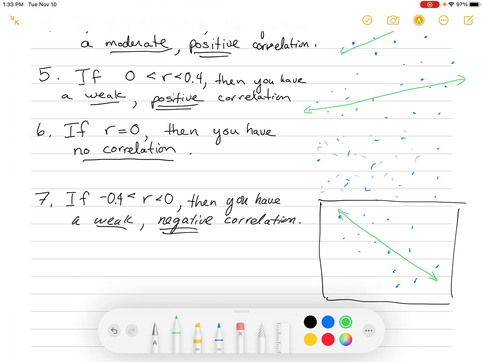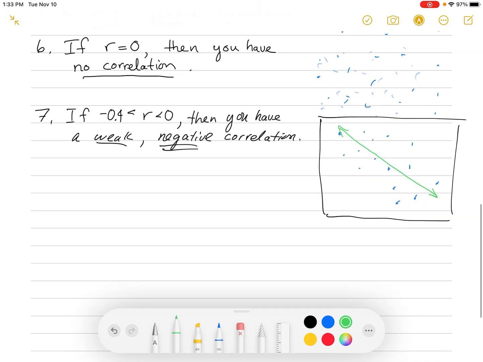You can imagine there's a line that interpolates those points. It's never going to get close to passing through them, though, and those points don't follow the line very closely. So that's called a negative correlation when the line decreases, and it's weak because the points are pretty scattered from the line.